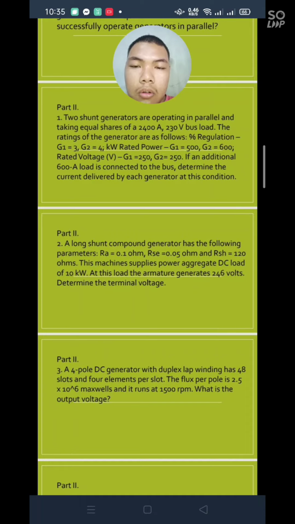The rated power in kilowatts: G1 is 500, G2 is 600. The rated voltage: G1 is 250 V, G2 is 250 V. If an additional 600 A load is connected to the bus, determine the current delivered by each generator at this condition.